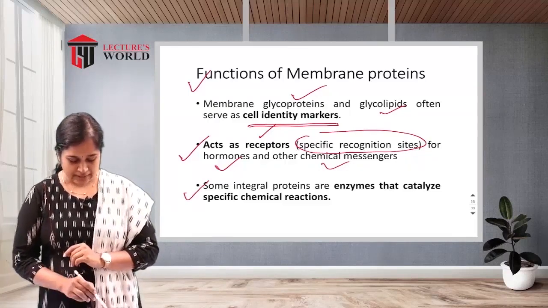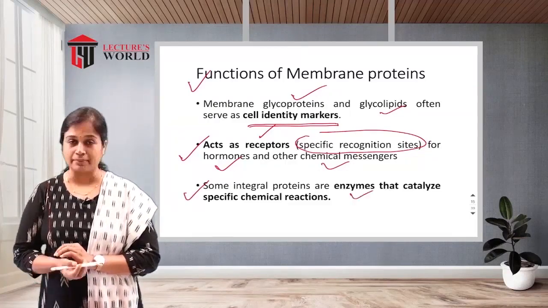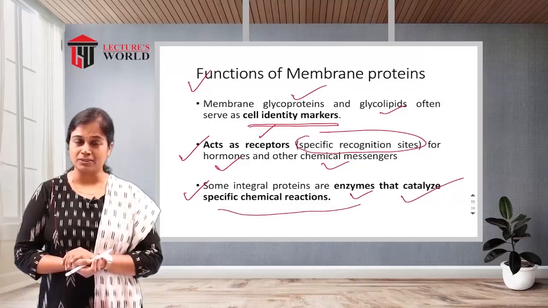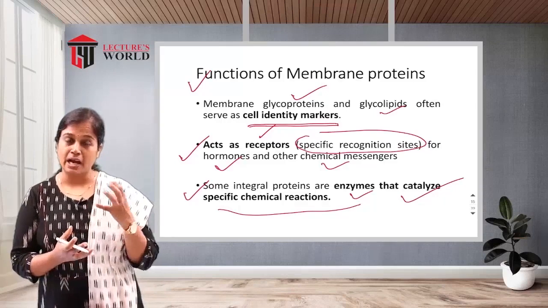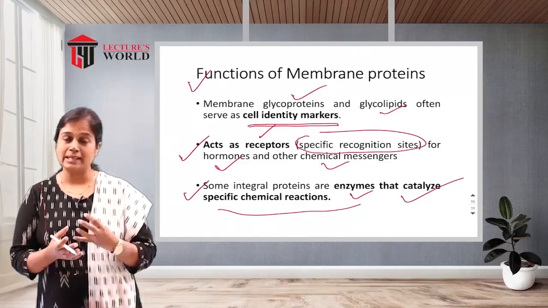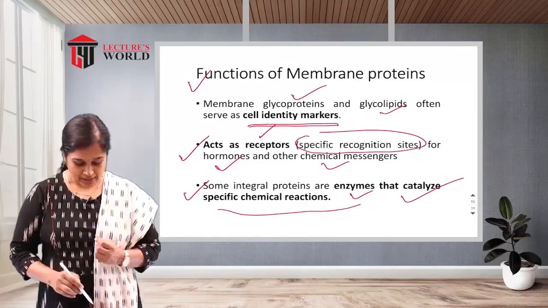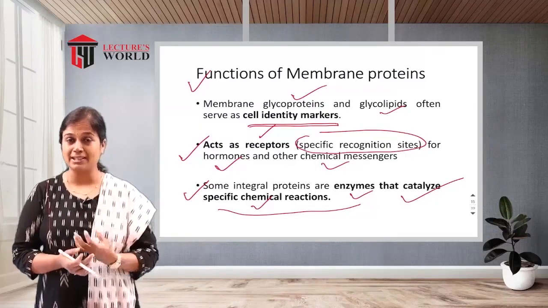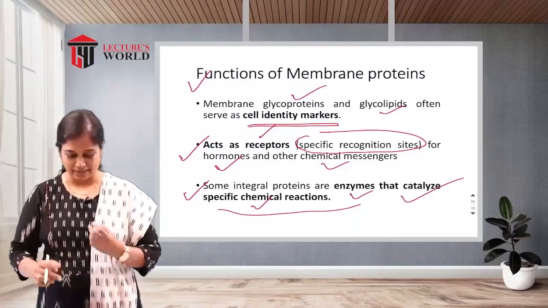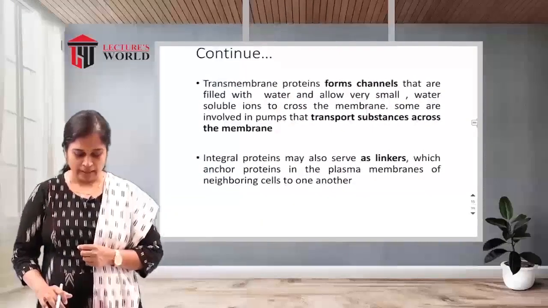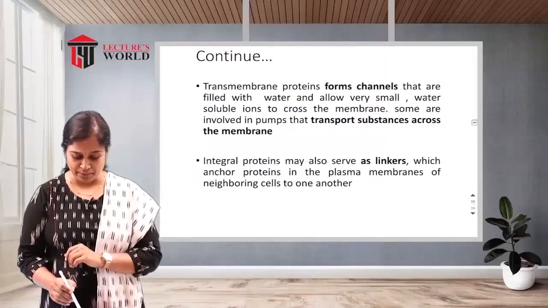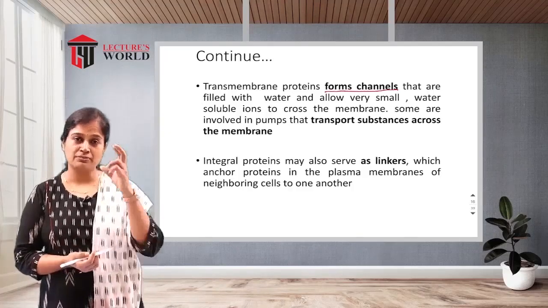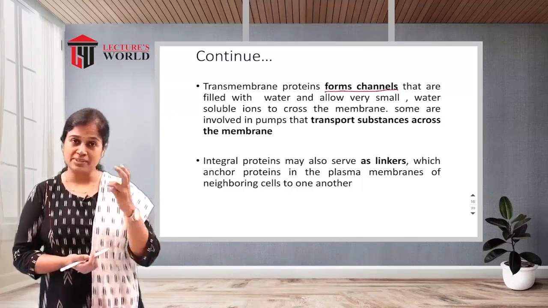Another is that some integral proteins are enzymes that catalyze specific chemical reactions. So as enzymes, they catalyze chemical reactions, that means they speed up certain chemical reactions. Then certain transmembrane proteins form channels, through which substances can pass.